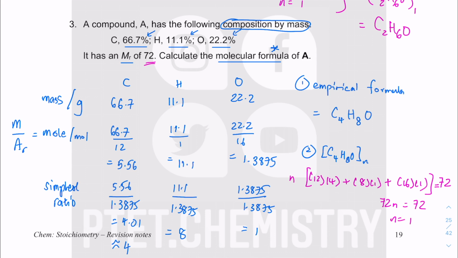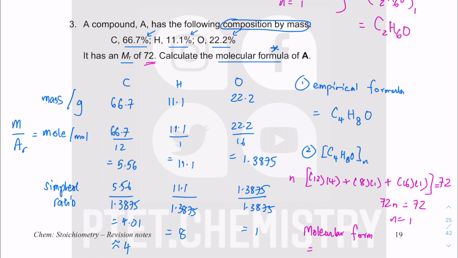So what does that tell me? That tells me that my molecular formula is just the empirical formula, with a multiple of 1, which means it's going to be itself, C4H8O. I should probably put it down there so that it's clear, without the confusion of the number 19 there.